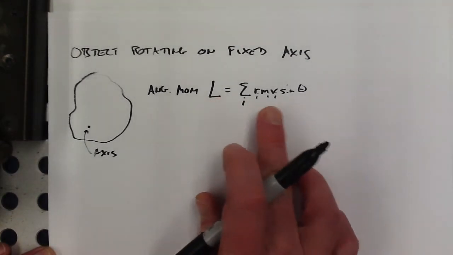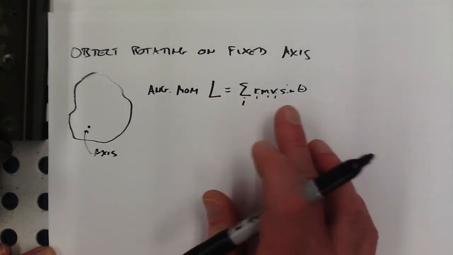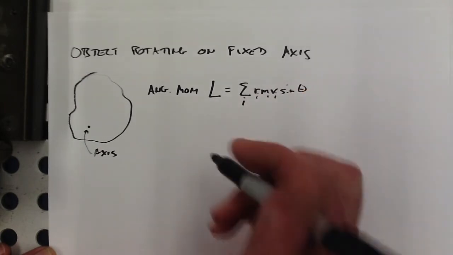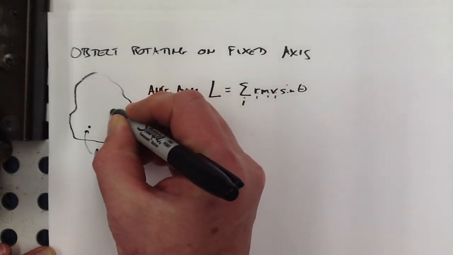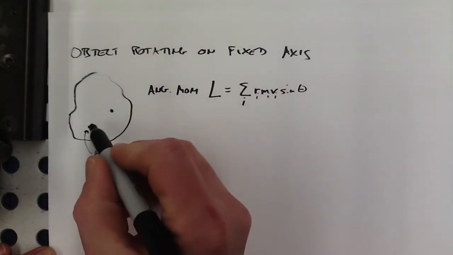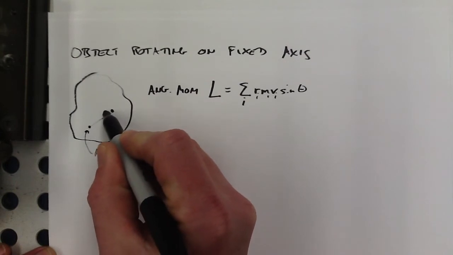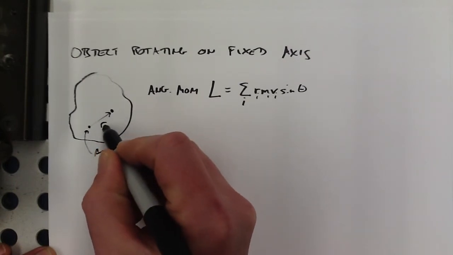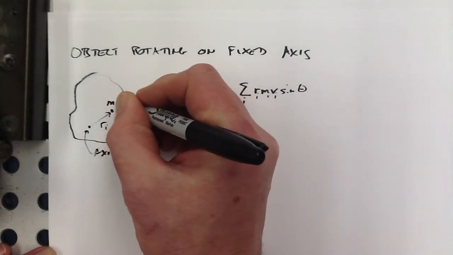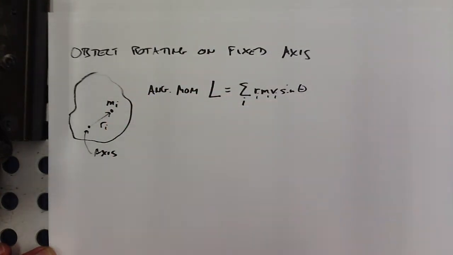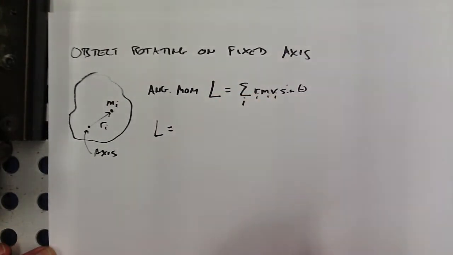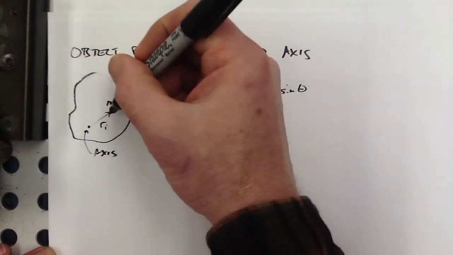So if we added up the angular momenta of all these particles, what would we get? Well, let's take a hypothetical one of them here. We can add that into our drawing. That would be r sub i, and this would be that little chunk. We'll call that m sub i. So what does this turn into? Well, how fast is this thing going?